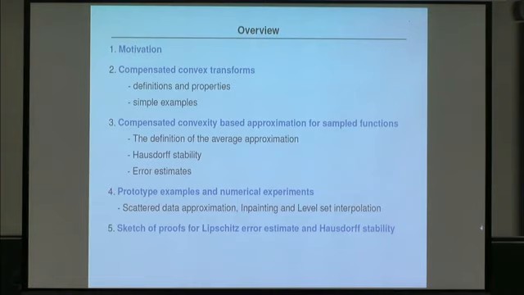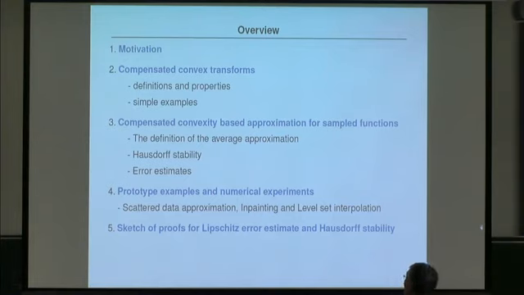Numerical means we write numerical schemes for compensated convex transforms and realize them. If I have time, I'll give a quick sketch of the results I claimed here. If we don't have time, then I'll just skip the last bit.